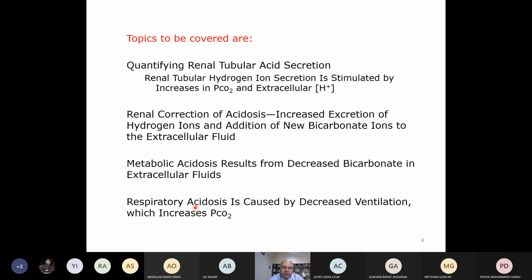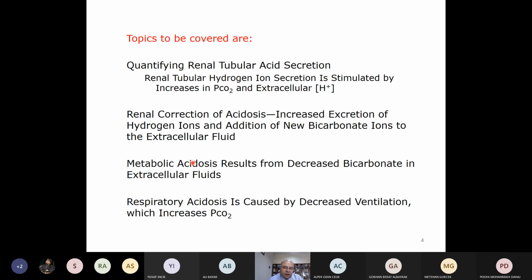If you stop breathing or breathe less, carbon dioxide will increase in the blood, so it will cause acidosis. But if you breathe frequently and deeply, this time you will lose carbon dioxide, and when you lose carbon dioxide, you are losing acid, somehow.